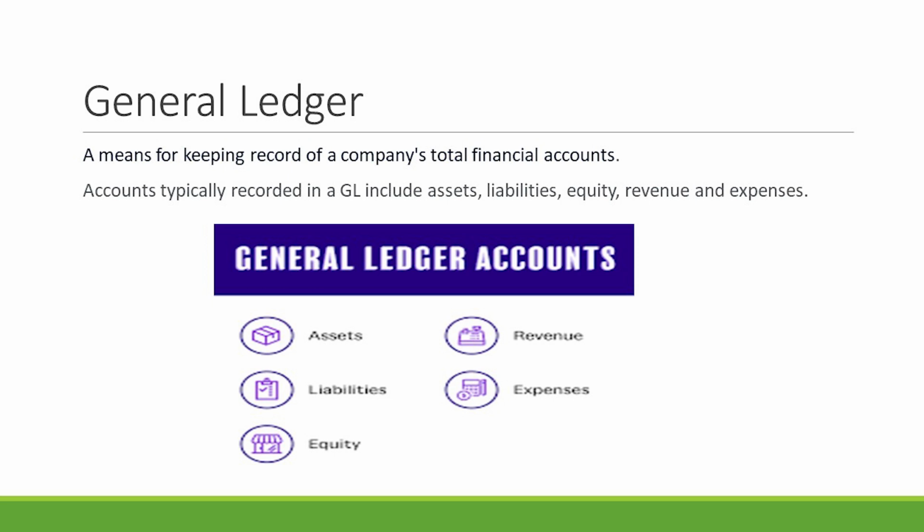Also, you are going to utilize various codes for your general ledger. These codes are assigned to each transaction to make searching for those transactions in the ledger much easier. And so the codes are often based off of your chart of accounts in setting up your sub-ledgers.